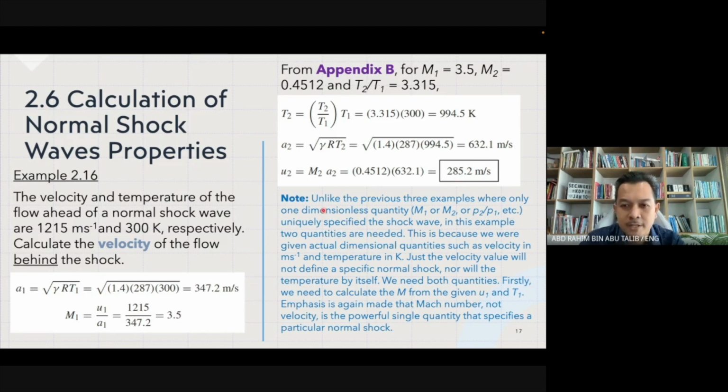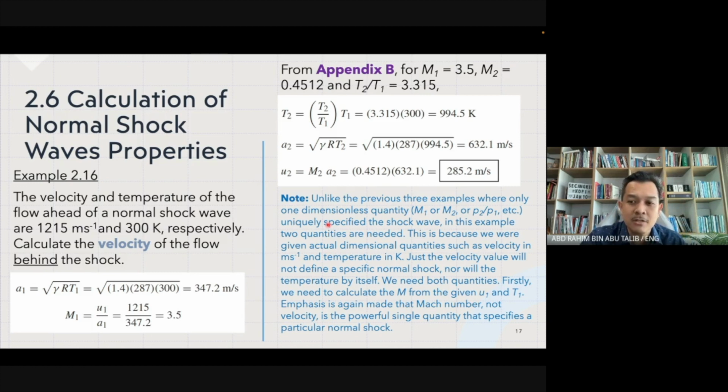So there is a note over here. Unlike the previous 3 examples, where only one dimensionless quantity, either M1 or M2 or P2 over P1, the pressure ratio, or any other value uniquely specified the shock wave, in this example 2 quantities are needed.